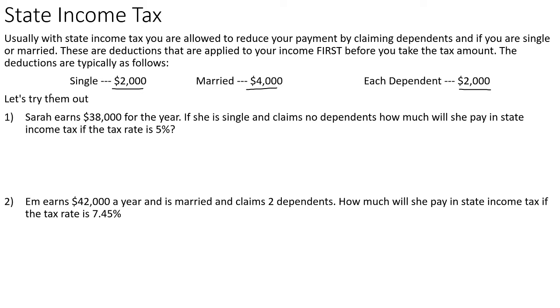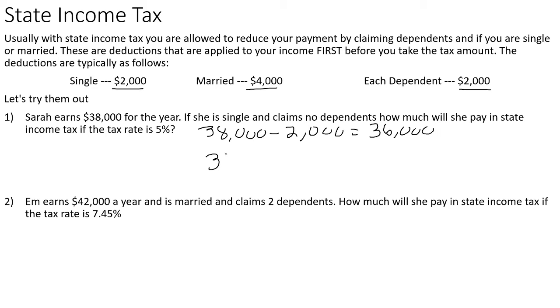So let's go here. Sarah earns $38,000 for the year, and she's single but claims no dependents. So right away, before I even read the percentage, I'm going to take $38,000 and take out $2,000 because she's single. So basically, she gets to save $2,000 from being taxed. So she's only going to get taxed on $36,000. Now the tax rate is 5%.